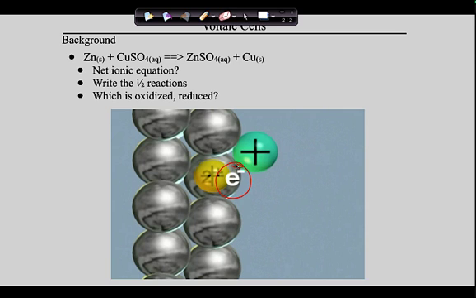So what we've got to do in order to take this flow of electrons and put it to meaningful use is separate these two. We've got to trick the oxidation, the loss of electrons from the zinc, and the reduction that's happening to the copper ion, to happen in separate places.